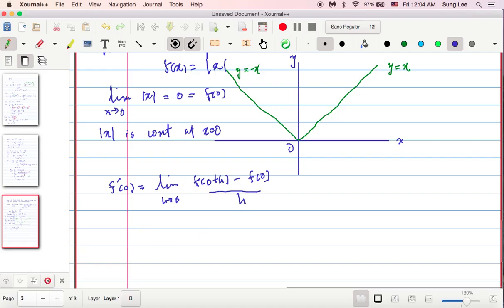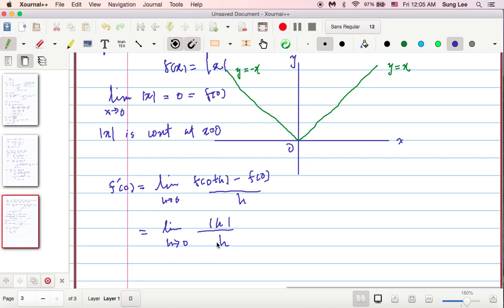So that equals the limit as h goes to 0 of f of 0 plus h, which is f of h, which is the absolute value of h, and then f of 0 equals 0, all divided by h. Okay? Since this involves the absolute value, we need to separate this limit into the right-hand limit and left-hand limit.